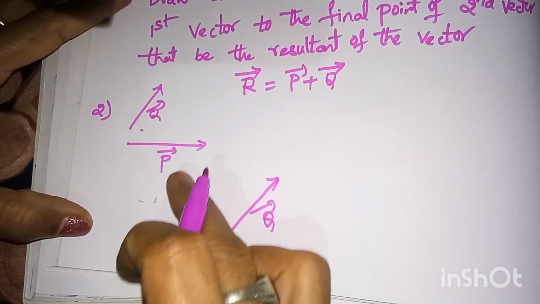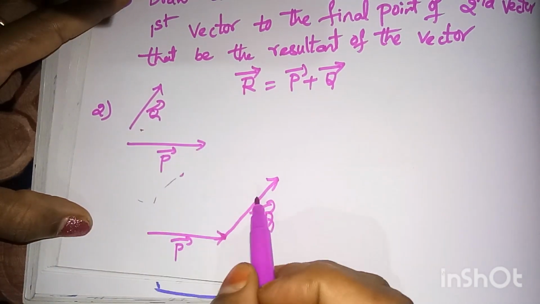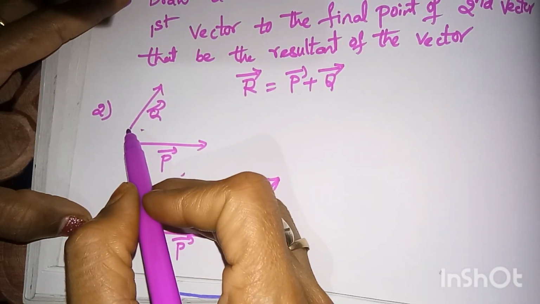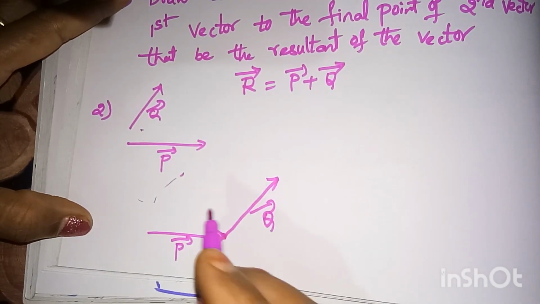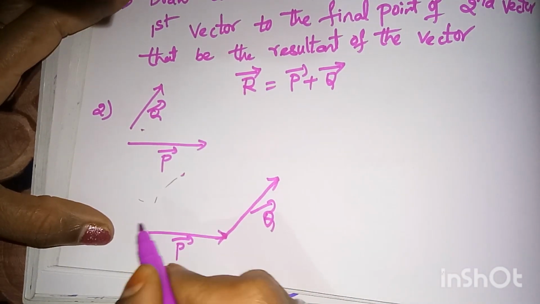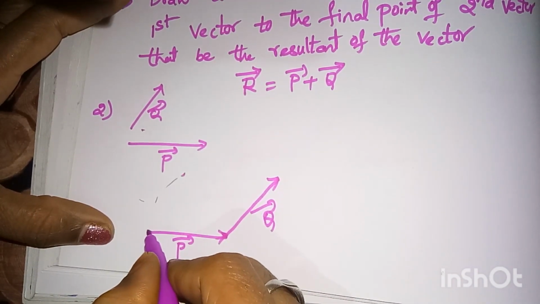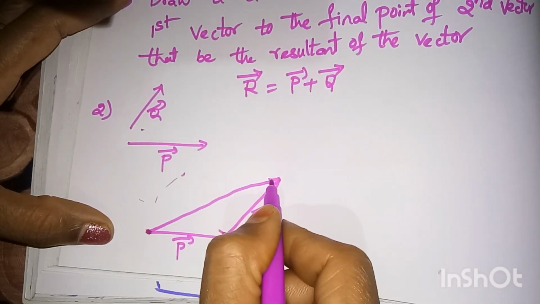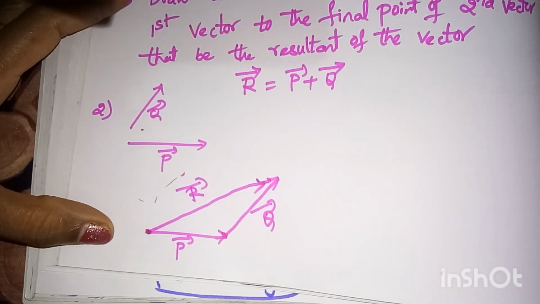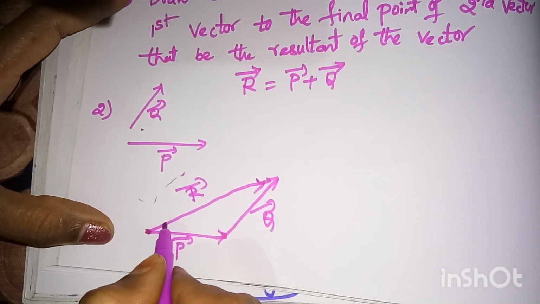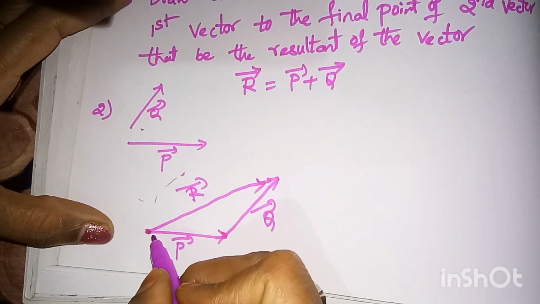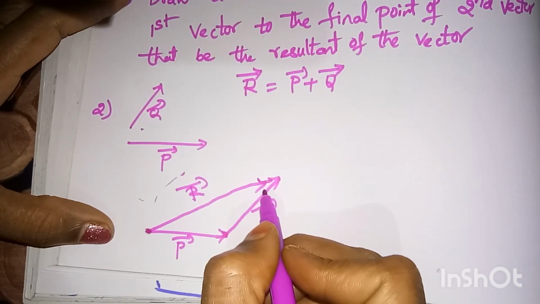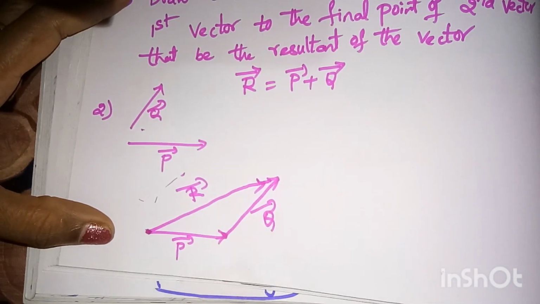If two vectors are making some angle, in the same way the second vector's initial point should be connected to the final point of the first vector. I connected this. Now draw an arrow from the initial point of the first vector to the final point of the second vector. This will be the resultant, and it will make an angle. So this is the resultant of the vectors when two vectors are making some angle.